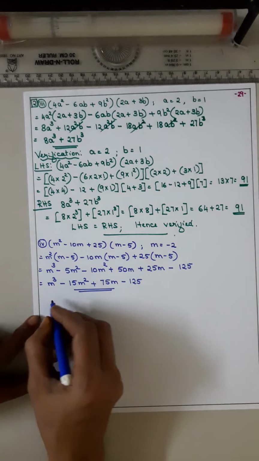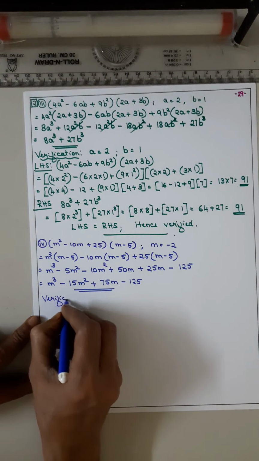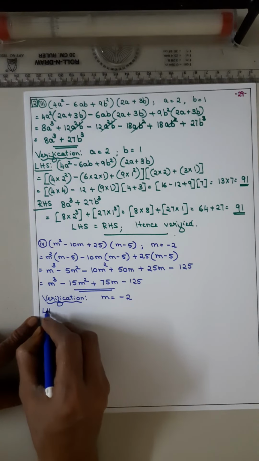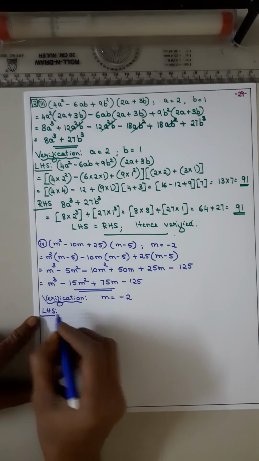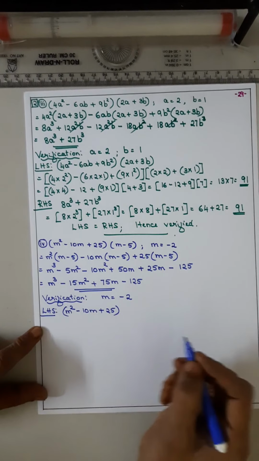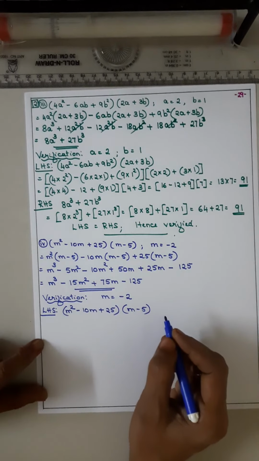Okay. Now coming to verification with m is equal to -2. So LHS, write the question: m squared minus 10m plus 25, bracket and m minus 5.